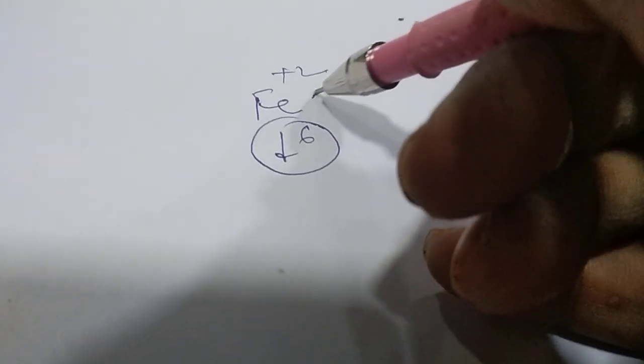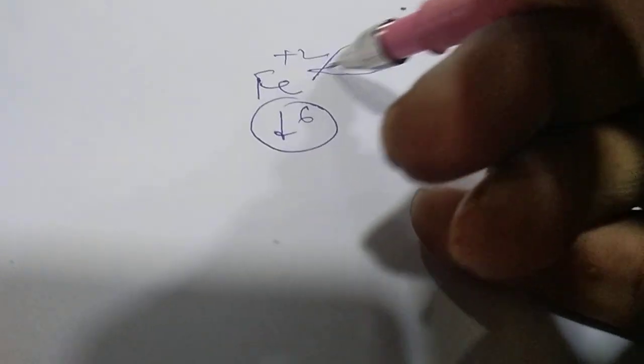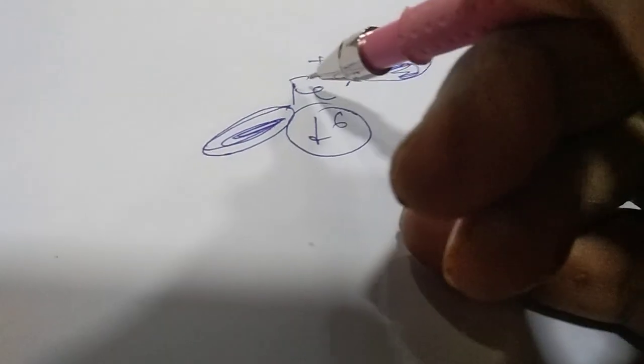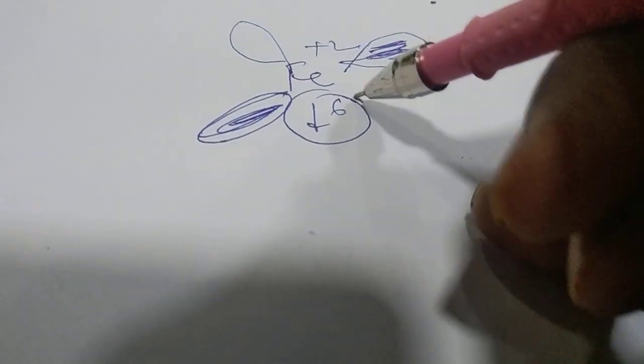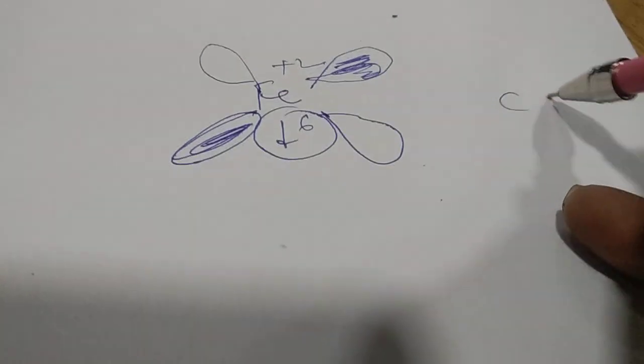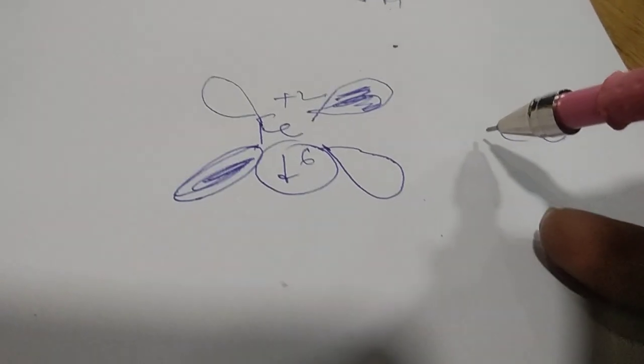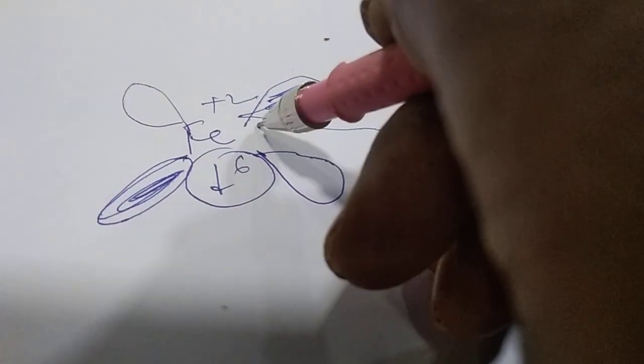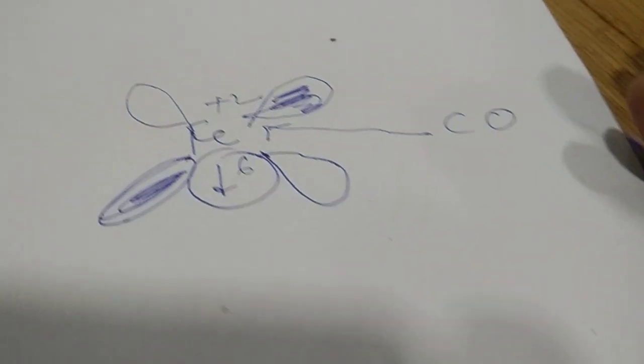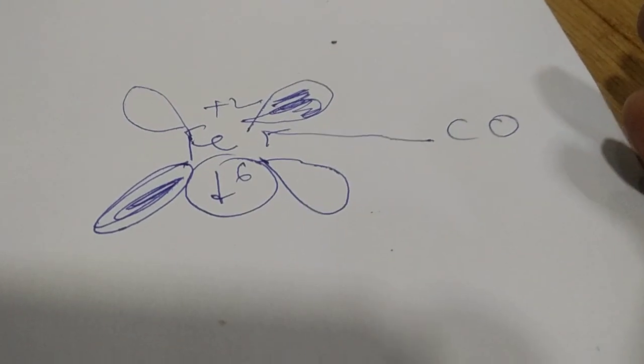And suppose I write the filled orbital like this, just for understanding. Suppose this is the filled orbital and this is the vacant orbital. This carbon monoxide, if you consider it as a ligand, it actually sigma donates towards the central metal. That is the normal tendency of a ligand to donate electron towards the central metal.